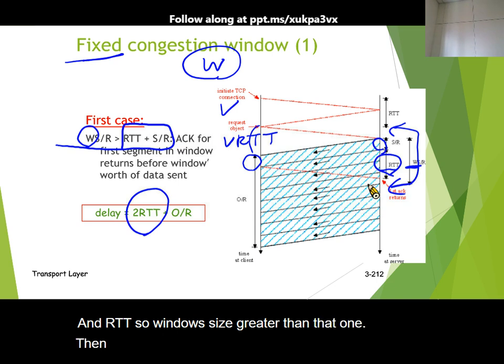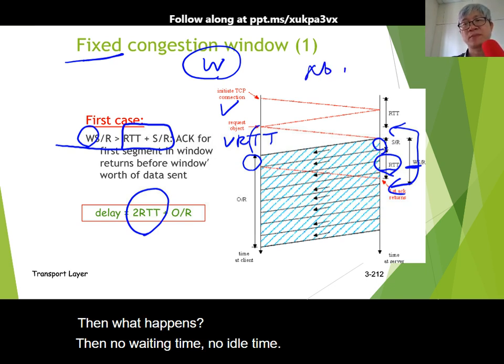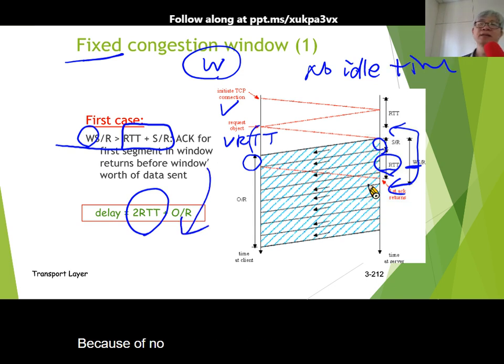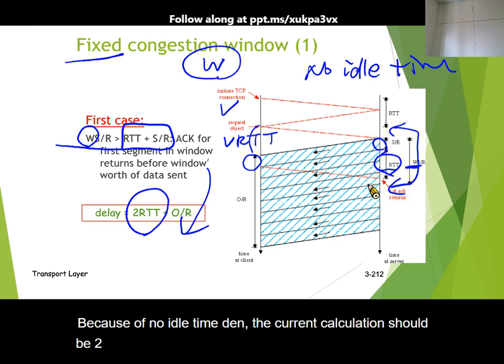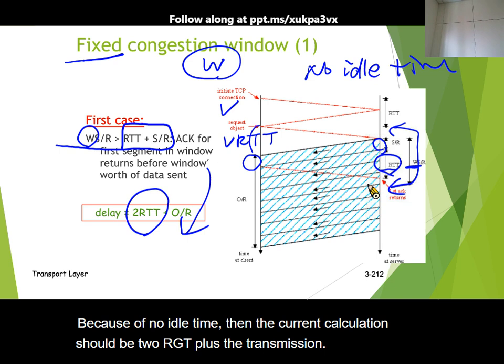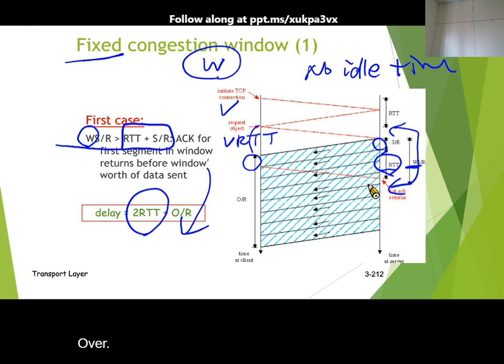If we have this condition, then there is no waiting time, no idle time. Because of no idle time, the calculation is simply 2 RTT plus the transmission delay O over R. At this moment, it may not be easy to tell why there is no gap.